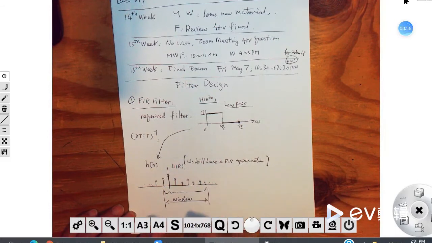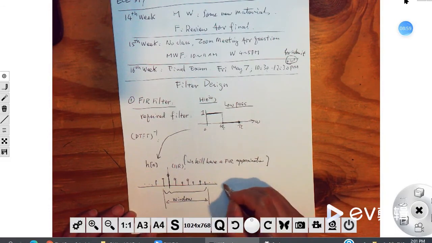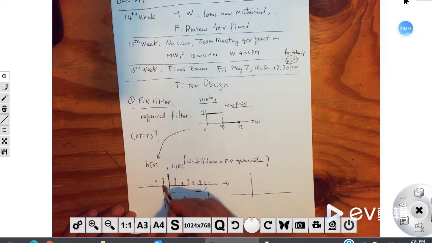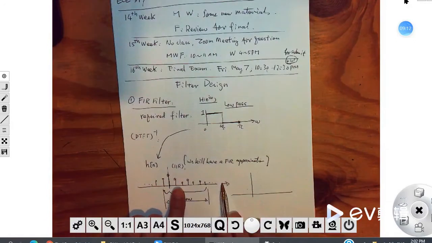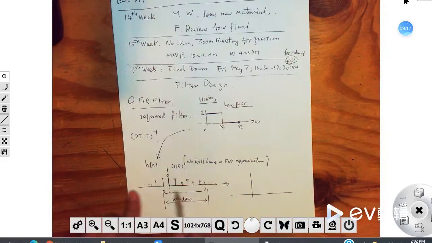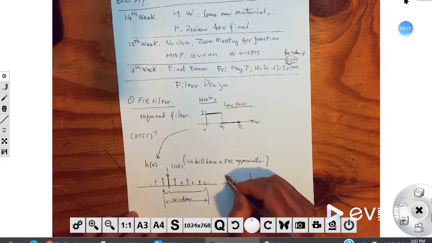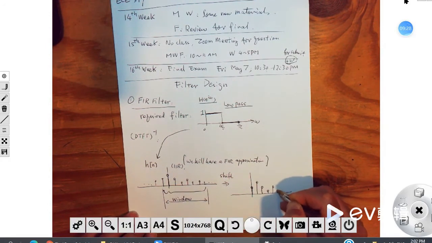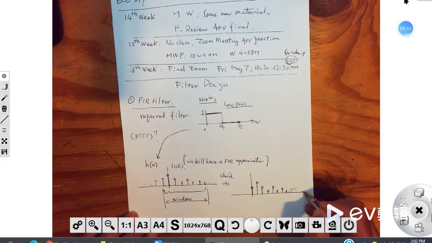We just pick the values inside this window. We also need a shift, right? If the first element is here, we need to shift to the positive side. You can also pick a window starting from all the values on the positive side, then shift to the left. So you need a shift, and then you will have things that look like this, just without this part.